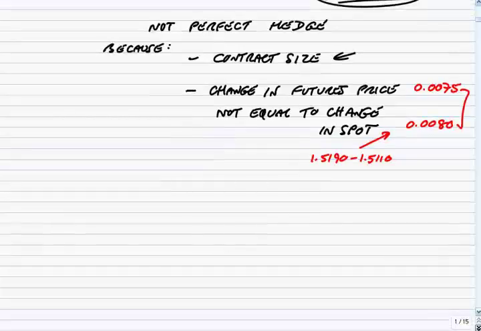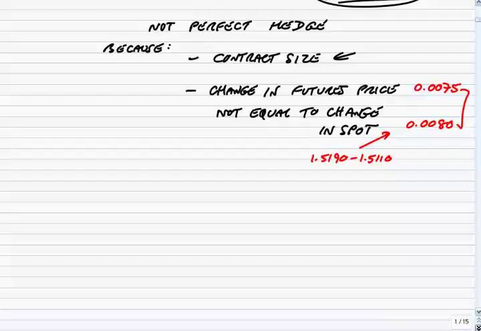Now, while I am there, one other thing which could be asked, it hasn't been asked in fact for a long time, and it's probably less likely, but it's very easy. Certainly in the past, you have been asked to calculate effectively how perfect a hedge it was. It's something we call the hedging efficiency. And I have in fact written about it further in the notes. If you turn to page 107, you'll see a note about it at the bottom of the page, which I'm about to explain.